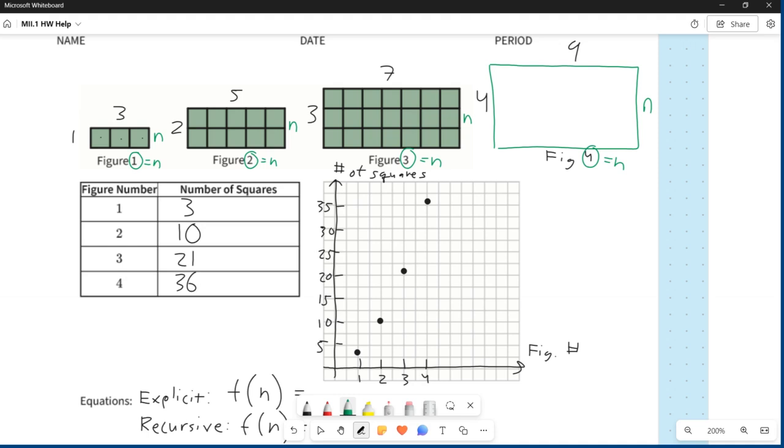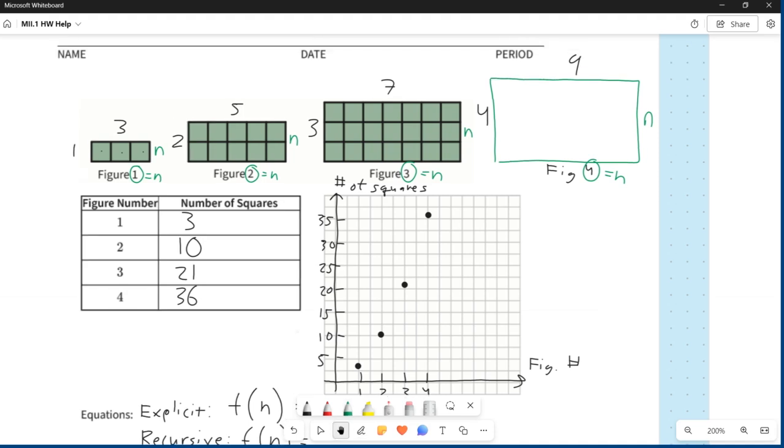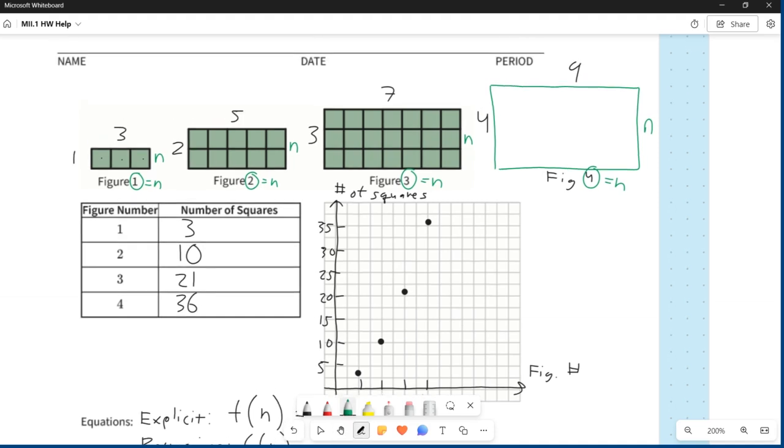Now, notice that my width is increasing by 2. So if I want to express my width in terms of n, because they're increasing by 2 every single time, 3 plus 2 is 5, plus 2 is 7, plus 2 is 9, I'm going to have to start with a 2n.